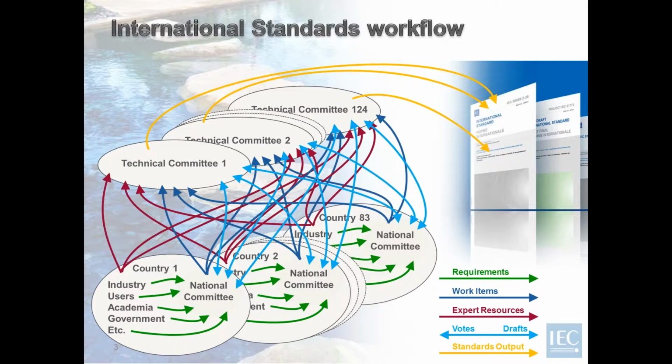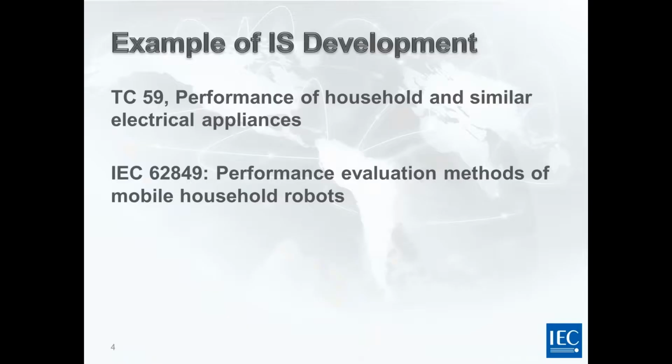So at that stage we have an exchange between the technical committees and the national committees on drafts. Finally, once the process of votes and drafts is finished, we go to the publication of the standards. We'll go into more detail about the votes and draft process later on, but this is just to give you a snapshot of the global process.